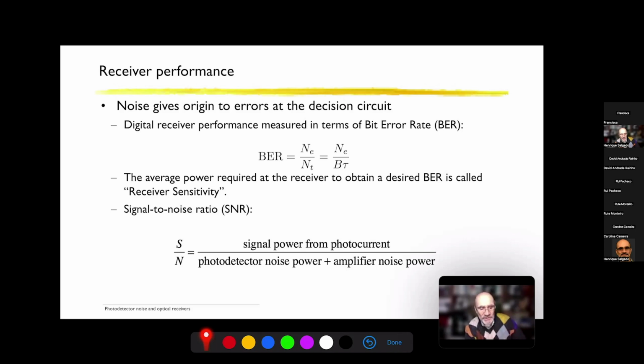The signal to noise ratio definition is given here. It is defined as the signal power from the photocurrent at the output of the photodetector divided by the total photodetector noise power plus additional electrical noise added by the receiver.